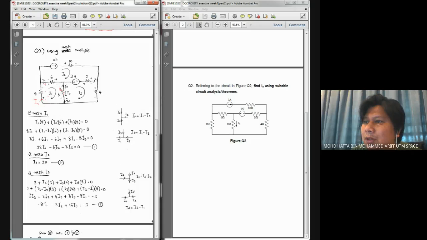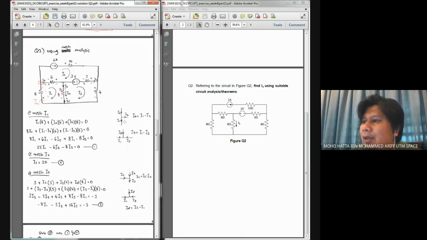The voltage drop across here is given by another current, not I1, because you see here we have a junction, which means this is definitely not I1. So this is another notation, I put it as IB. IB times 8 gives me the voltage drop across this 8 ohm resistor. From here, I only need to determine IA. To determine IA, I would consider this junction first.